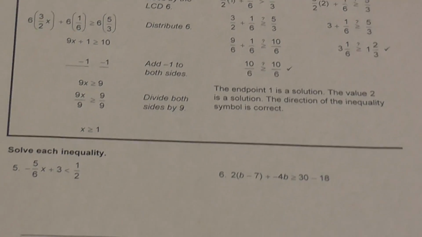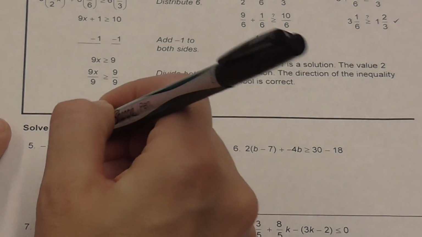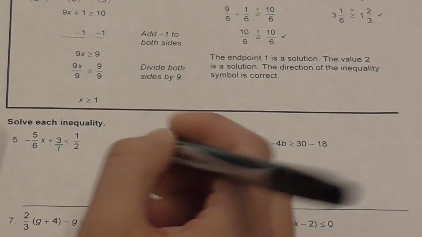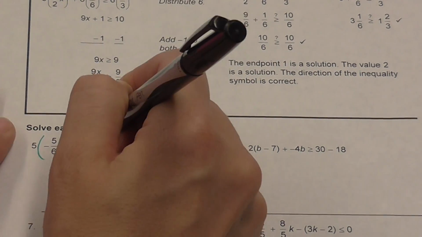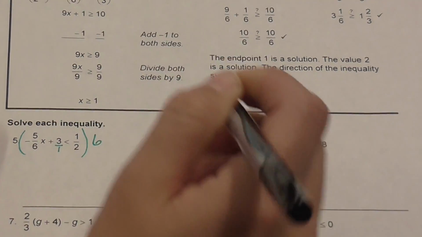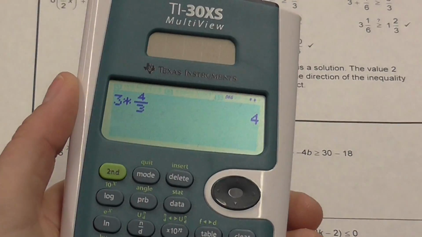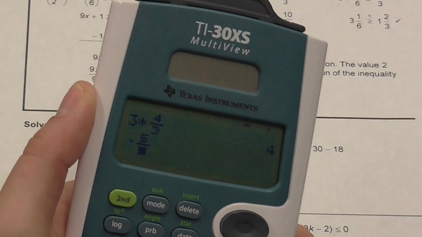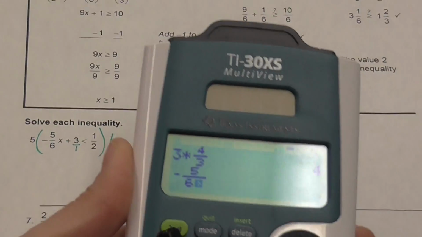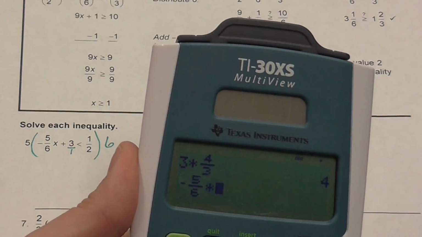So if we take a look here, the denominator here is 6, the denominator here is 1, the denominator here is 2. I need to get rid of that. Everything, all those numbers go into 6. So I'm going to take 6, I'm going to take my calculator again, and we're going to say negative fraction 5/6, because that's what the problem is, 5/6, times 6.